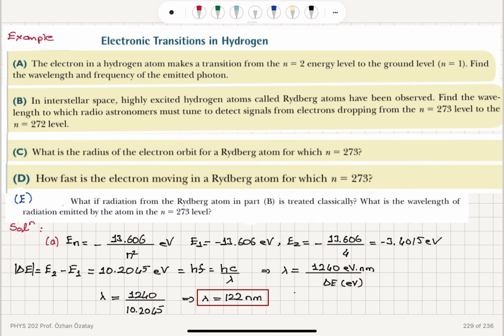So in summary, we looked at electronic transitions in hydrogen. We calculate the energy for each level, minus 13.606 divided by n² in electron volts. We find the difference between the energy levels that corresponds to the energy of the emitted photon, hc over lambda, and we have a shortcut to calculate lambda, 1240 electron volt nanometers divided by the energy difference in electron volts.